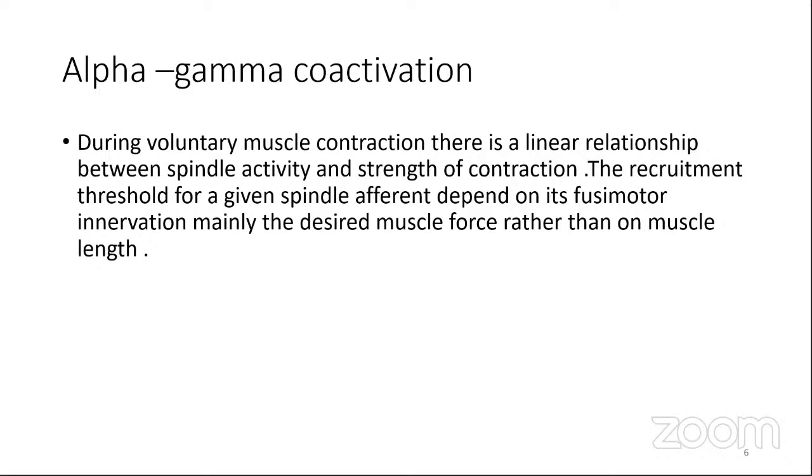Alpha motor neurons supply the extrafusal fibers, whereas the gamma motor neurons have the motor supply of the spindles itself. So alpha gamma co-activation mediates the spindle activity and strength of contraction during a muscle contraction.